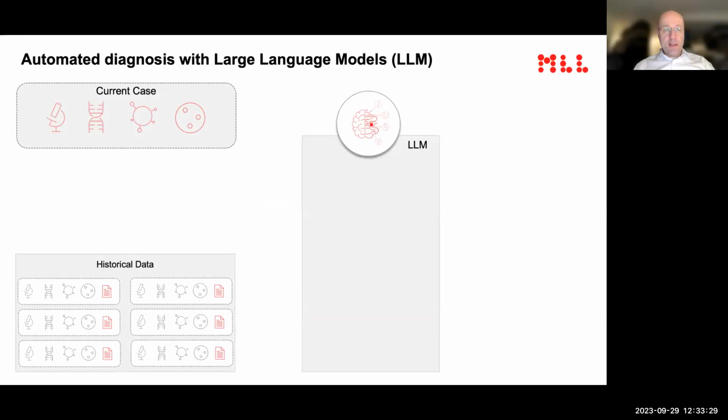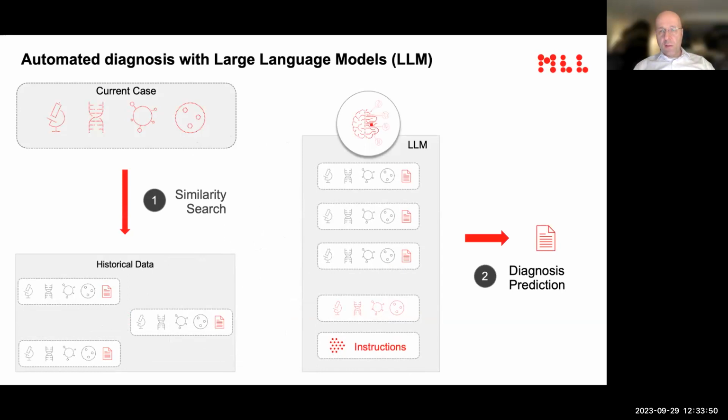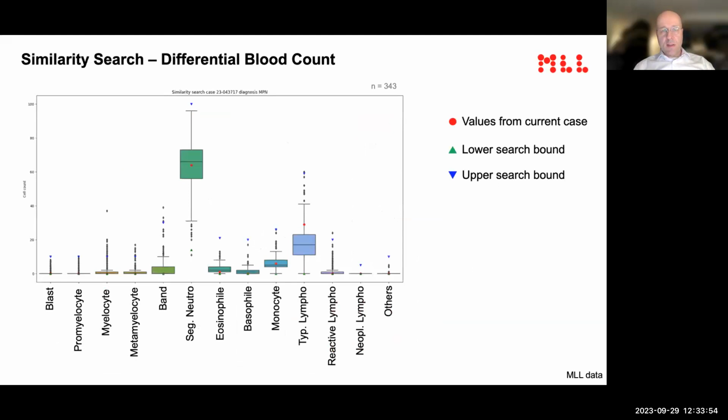Here's another example of automated analysis, which is a large language model applied to cytomorphology. What we did is take a current case with certain findings and compare it to historic data. When we consider this historic data and match it with the differential, our aim was to predict the diagnosis and also to derive the text.